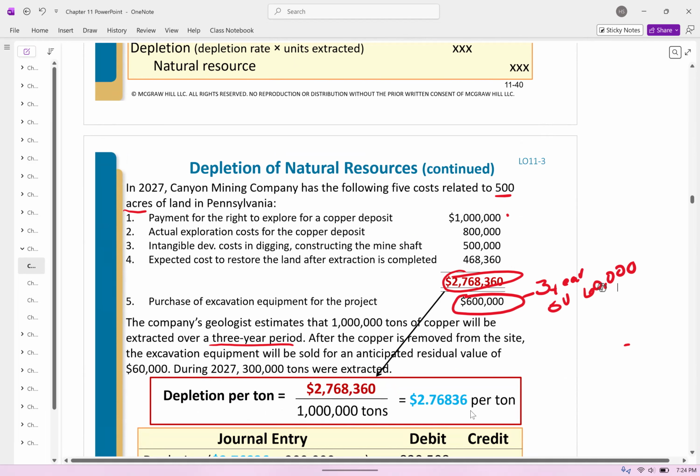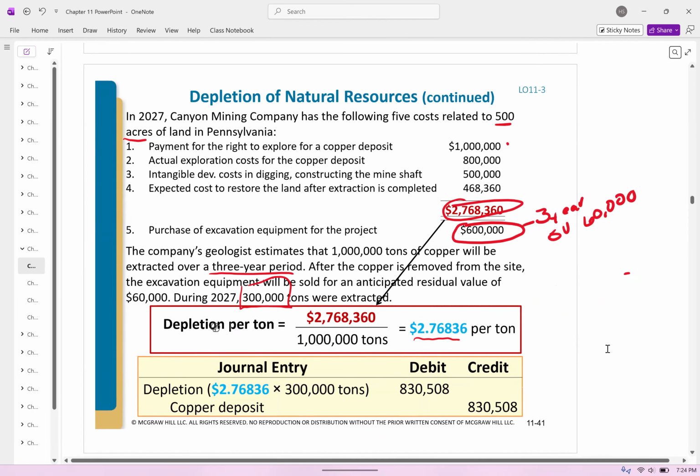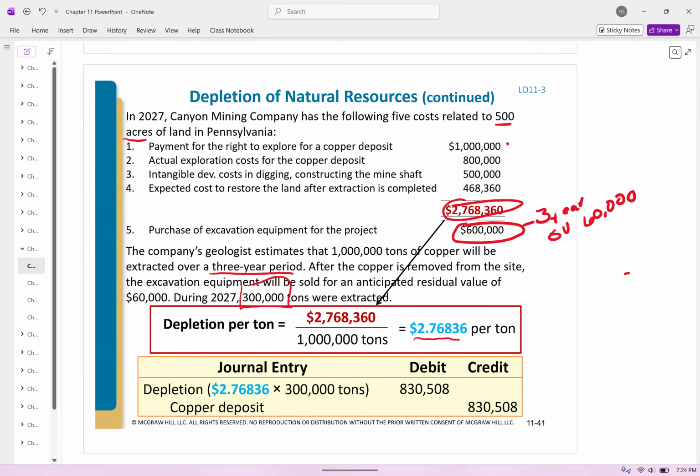I would keep those numbers in your calculator unless it tells you to round. Leave that in your calculator and then multiply it times the 300 tons that was extracted. So we will debit depletion expense, credit the copper deposit or accumulated depletion for that amount.